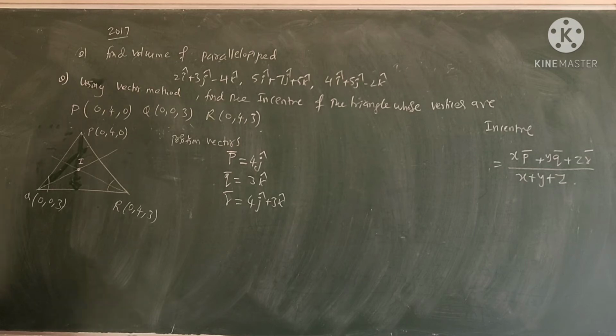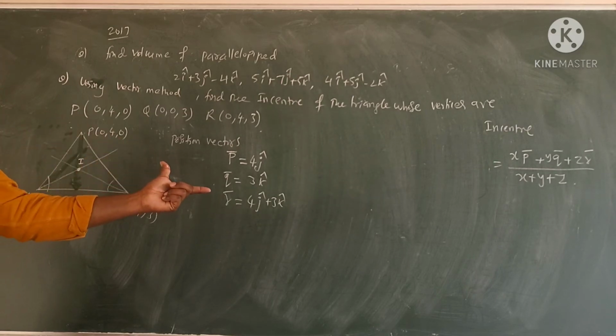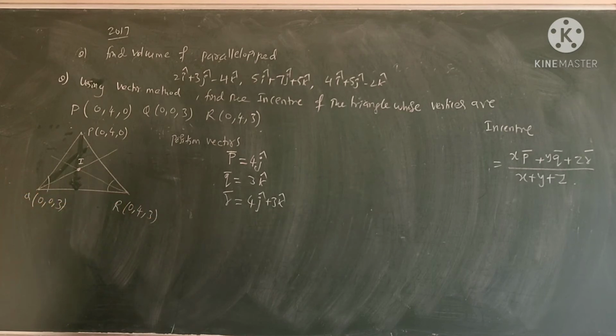Okay, you have learned the incenter formula in straight lines. What is the incenter formula? In straight lines, it is only this, the same thing. What is the formula? ax1 plus by1 plus cz1 by a plus b plus c. So A, B, C, they are magnitudes, they are lengths.